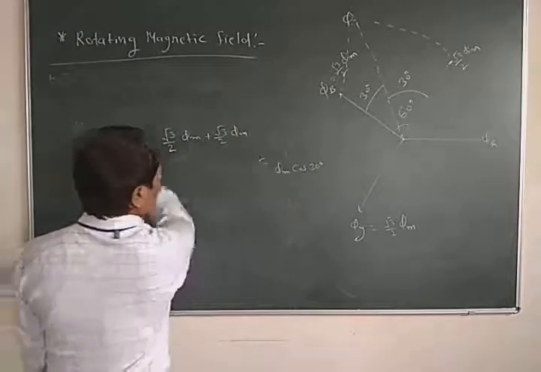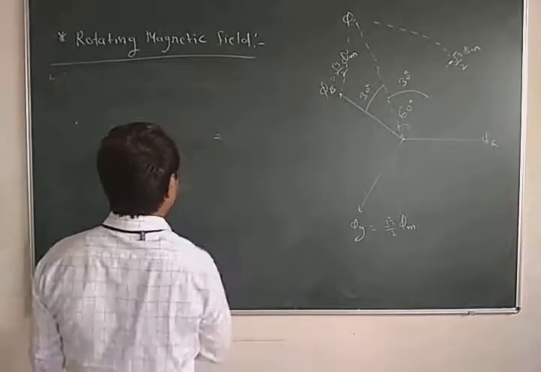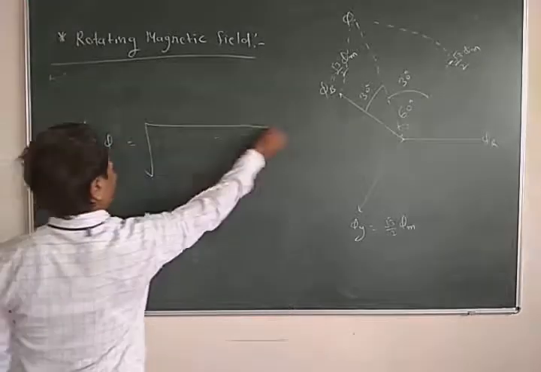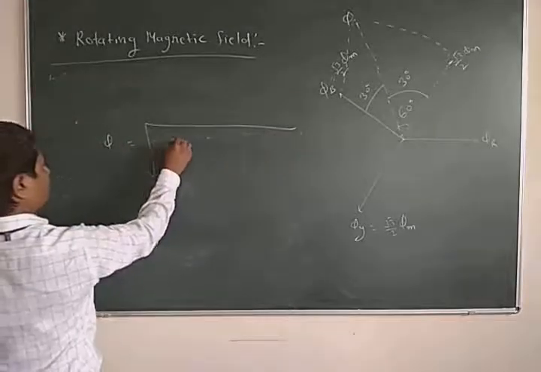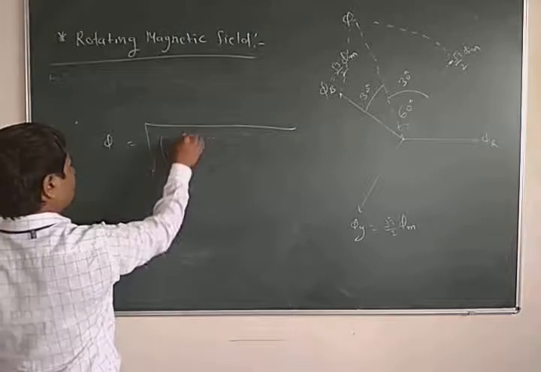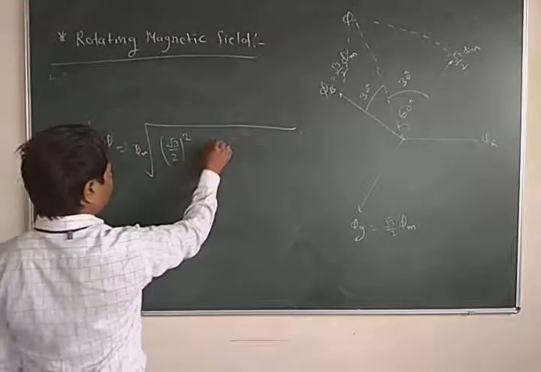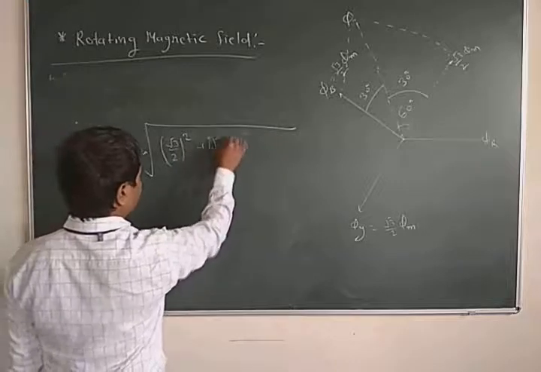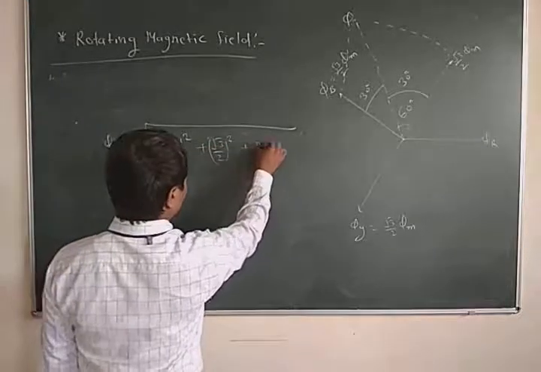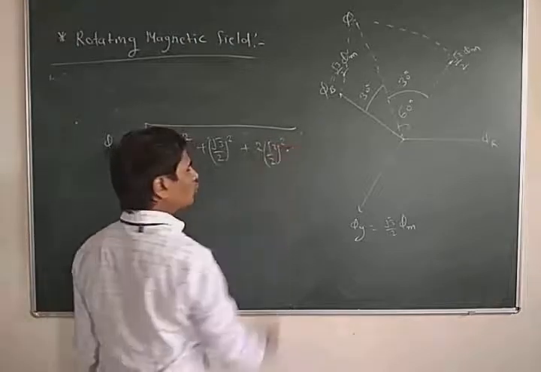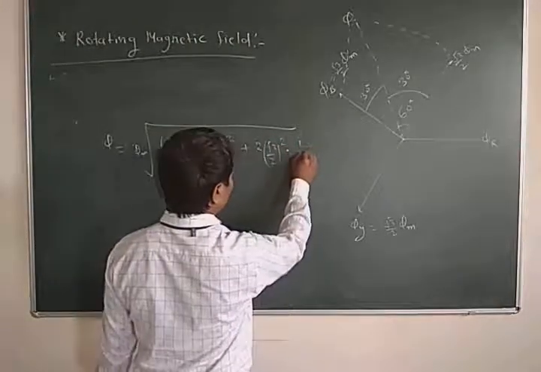From the parallelogram, the flux that we found earlier was under root of root 3 by 2 square plus root 3 by 2 square plus 2 root 3 by 2 square into cos 60, which is equal to 1 by 2.